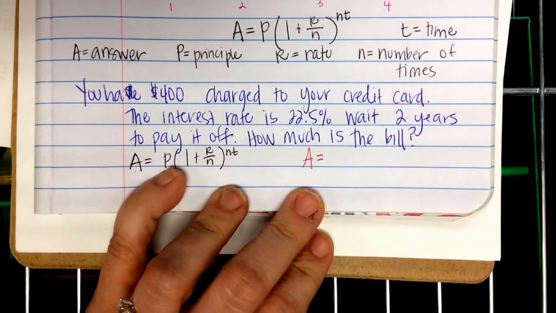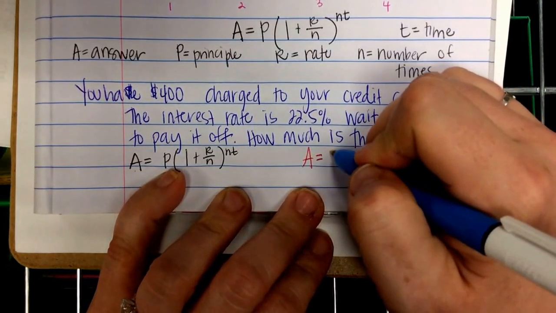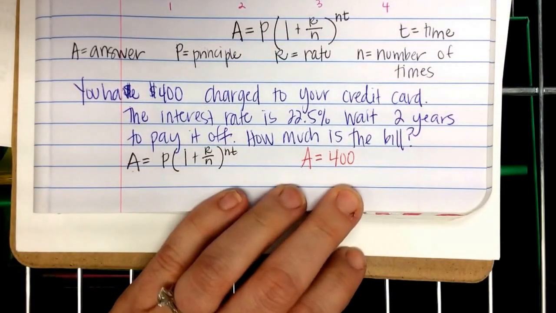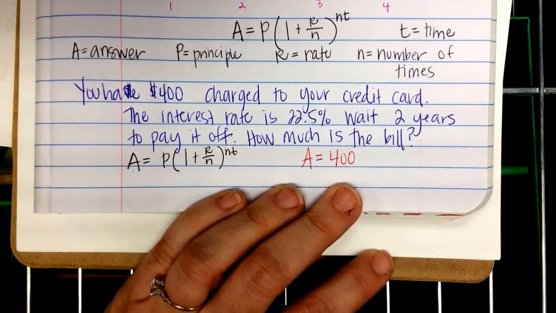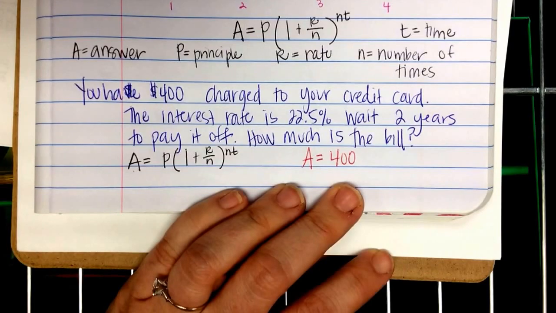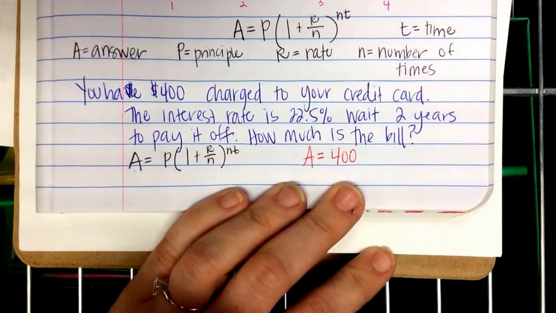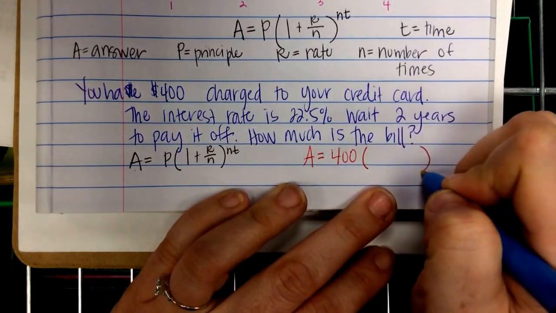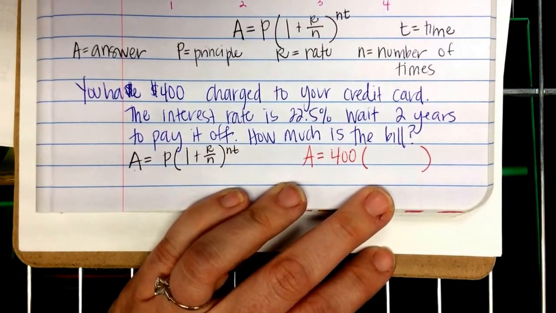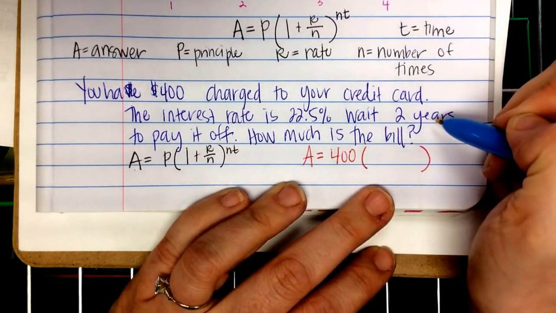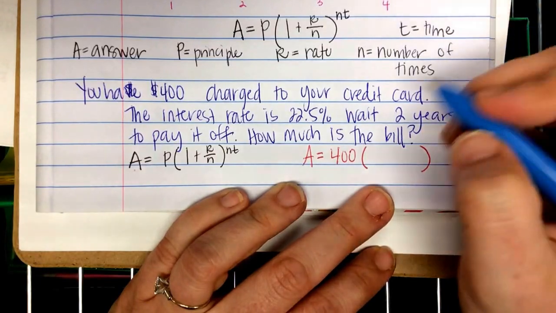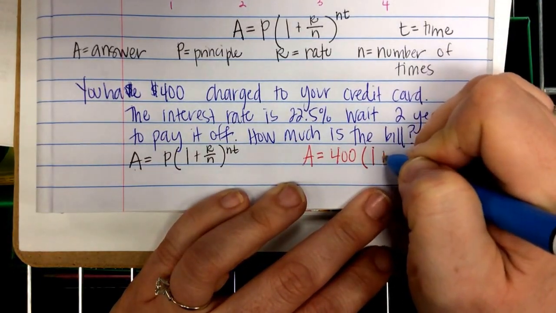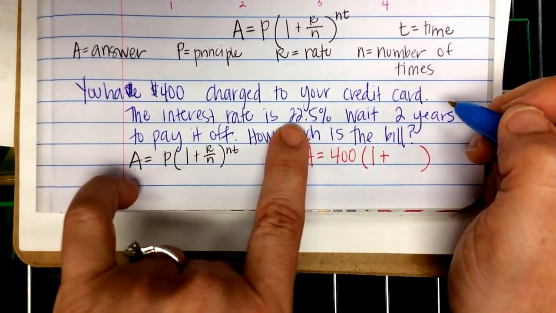How much money am I starting with? 400. This is compounded monthly, right? You get a credit card bill every month. So 1 plus, what's my rate?